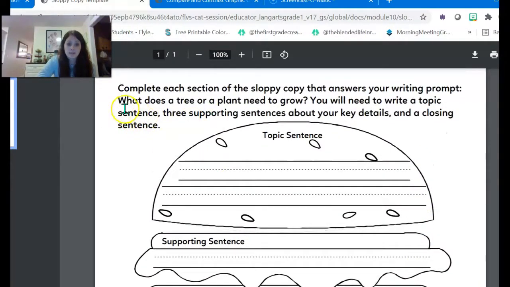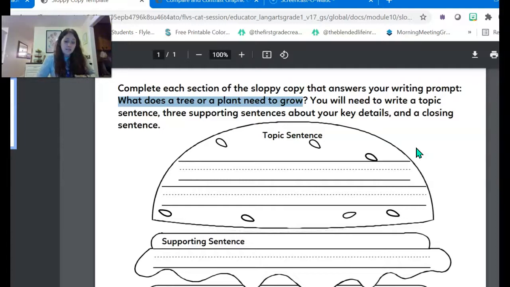Now our topic for our informative paper right now is, what does a tree or plant need to grow? And we have learned about that over the last couple lessons. And you actually did a graphic organizer.